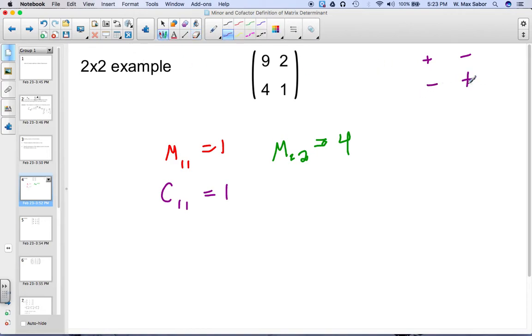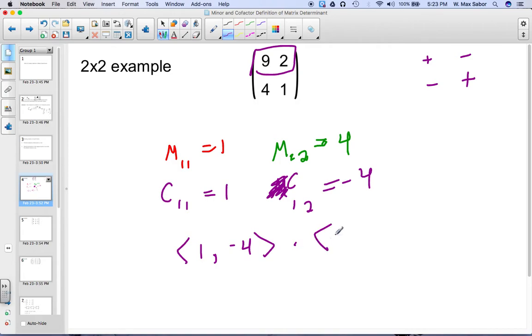So that will be +1, but this one will turn into -4. And now, essentially what I'm going to do is take this dot product, this should be called C. I'm going to take that dot product between the cofactor vector and the original vector 9, 2.